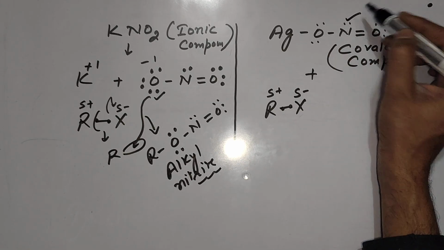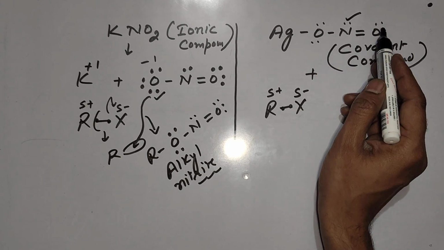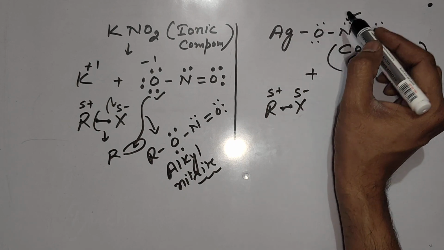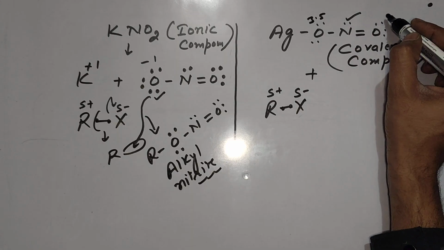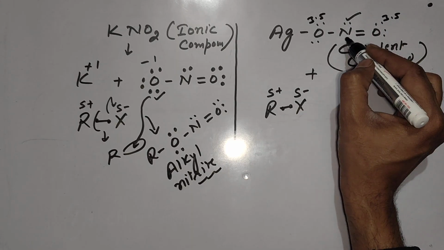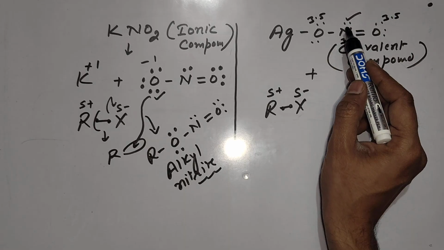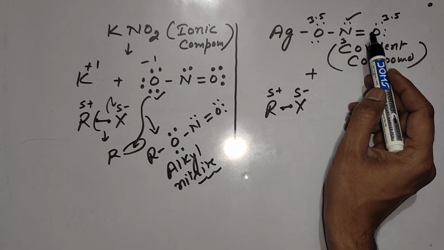That is nitrogen. Reason: oxygen electronegativity is more than nitrogen. Their electronegativities are 3.5, 3.5, and nitrogen electronegativity is 3. That's why nitrogen can donate a lone pair easily as compared to oxygen.